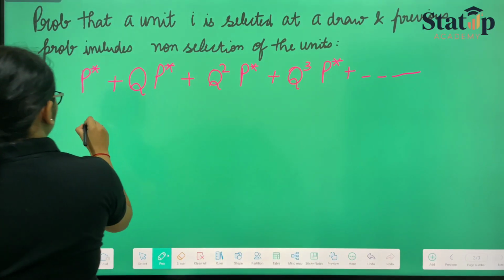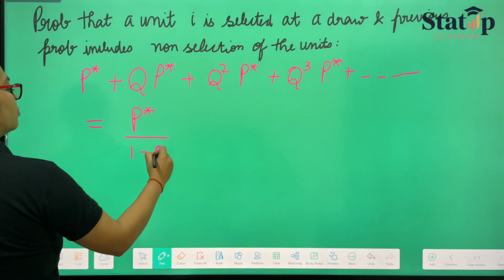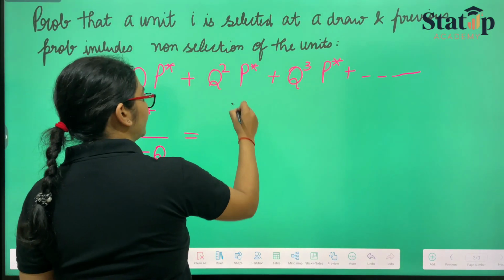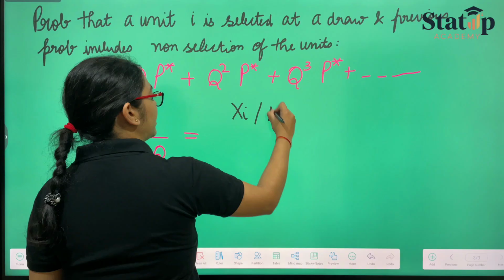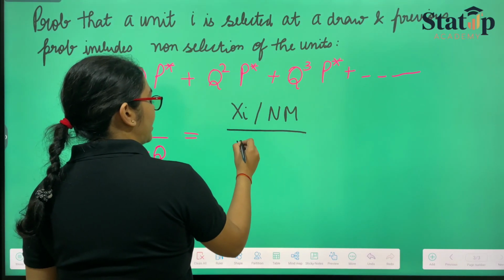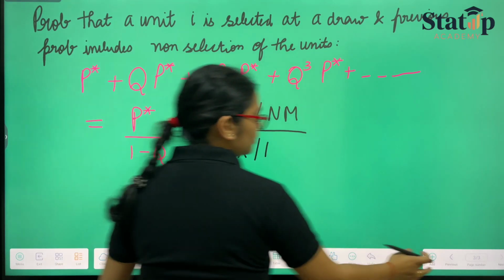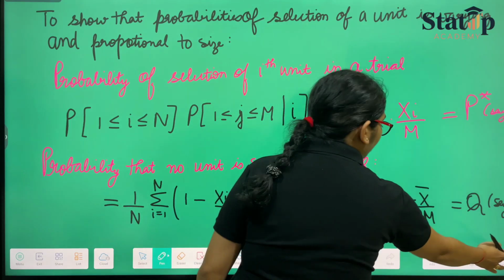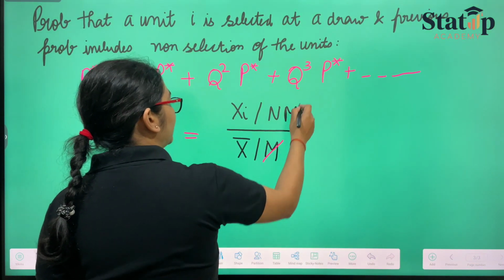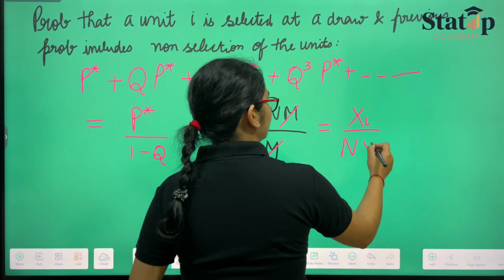So the sum of it is given by, this is a GP, so it will be P star upon 1 minus Q. Now the value of P star was xi upon NM, and the value of 1 minus Q will be x bar upon M. Here M and M cancel, and we are left with xi upon N x bar.